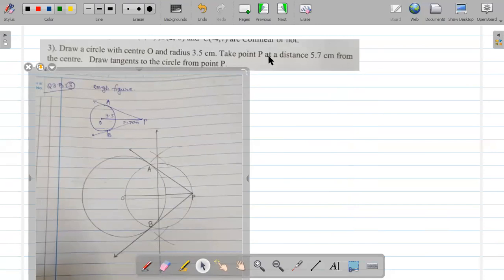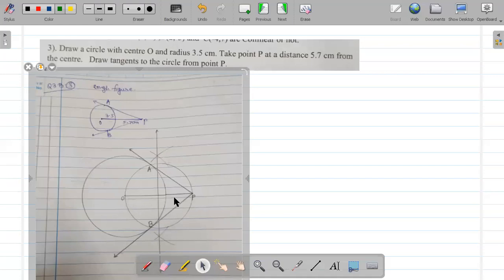And then they're asking us to take a point P, which is at a distance of 5.7 centimeters. So from O, the distance is 5.7. So take a point P at 5.7, and then we bisect the side OP, drawing a perpendicular bisector to OP.